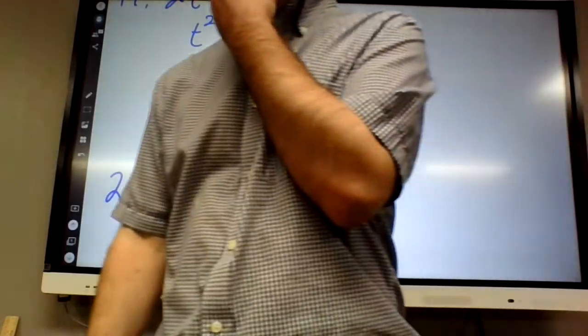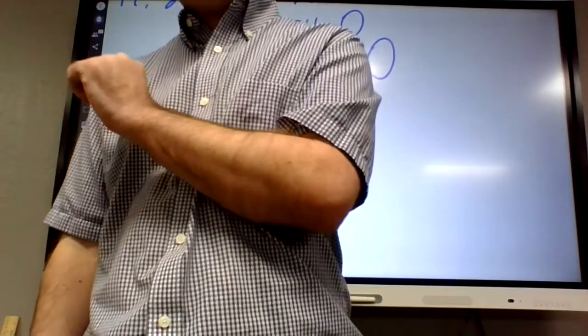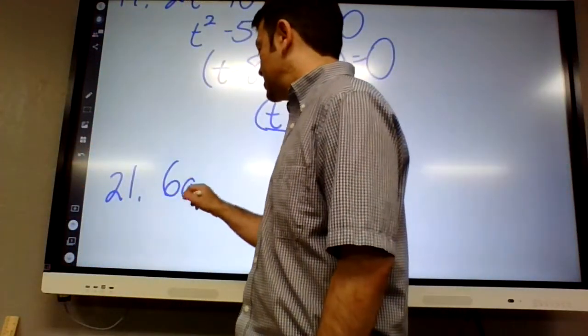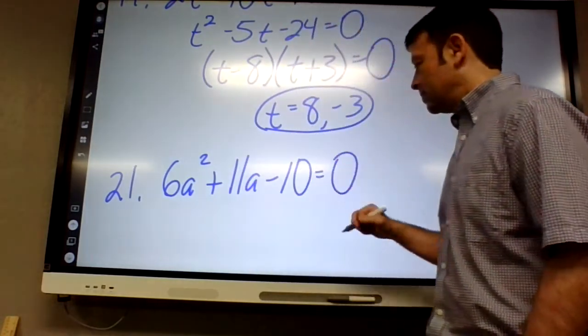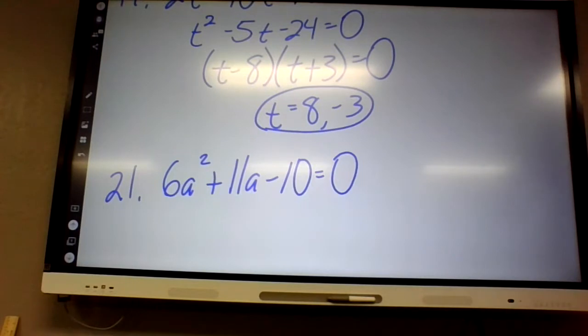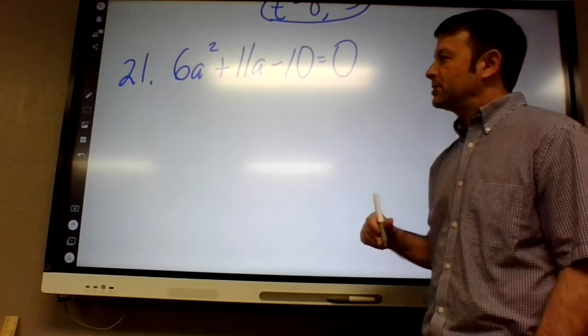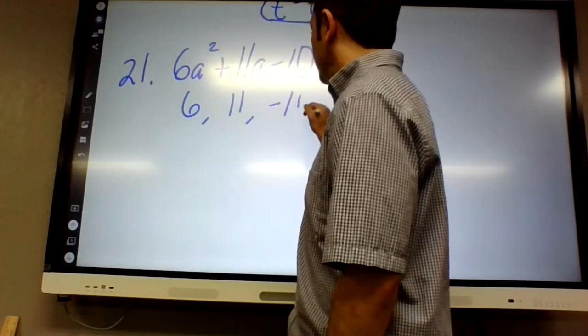Okay, 21. So kind of the same thing. We want to move everything to the left, so I'm going to add the 11a and subtract the 10 over. So I get 6a squared plus 11a minus 10. Does that factor? No. Well, maybe, but it'd be hard to tell. So let's just go ahead and do the quadratic formula.